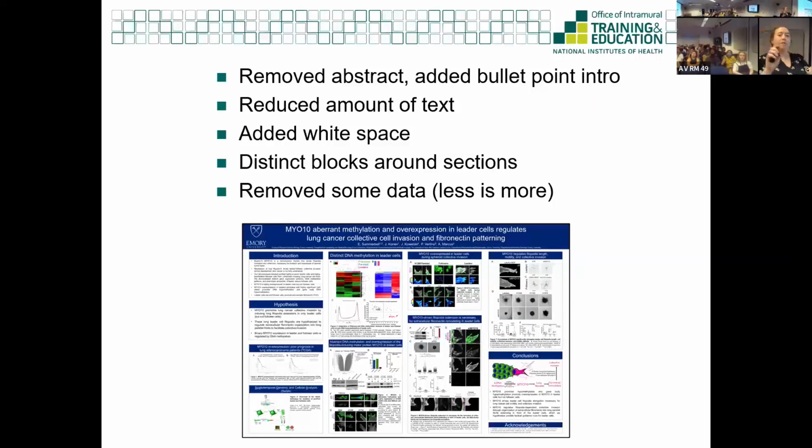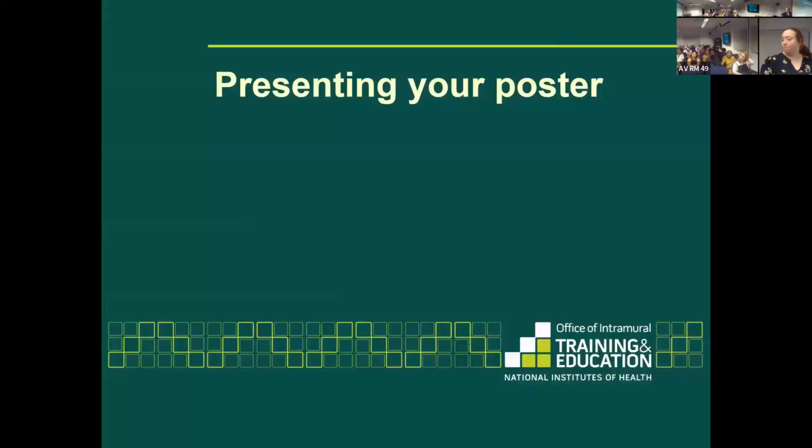I also added little thin borders around each section of the poster just to visually separate those. It's optional whether you have lines around each block, but I like it to visually separate all of the individual components. And I got rid of data, because less is more. I wanted to tell one whole complete story without having too much on one poster.